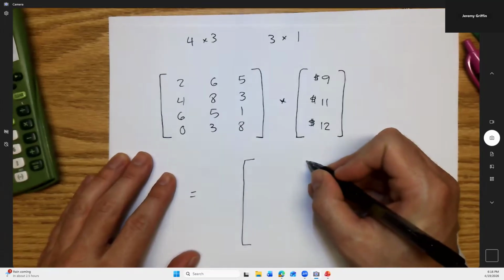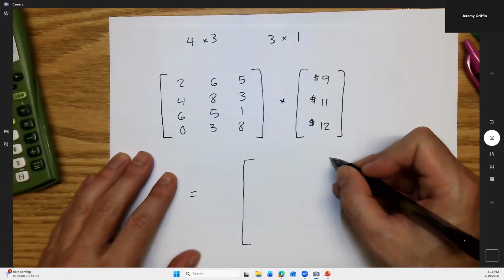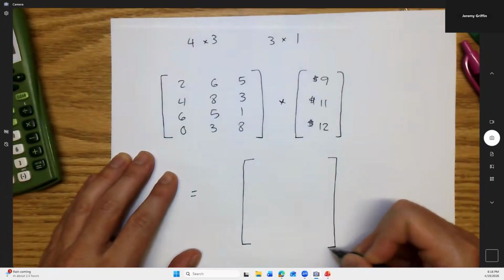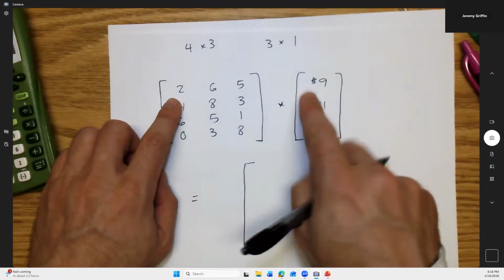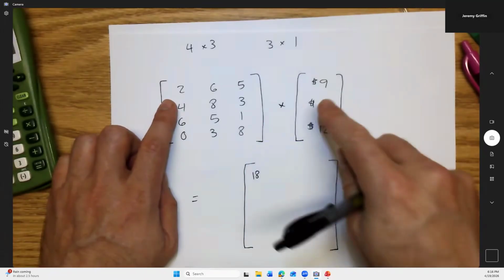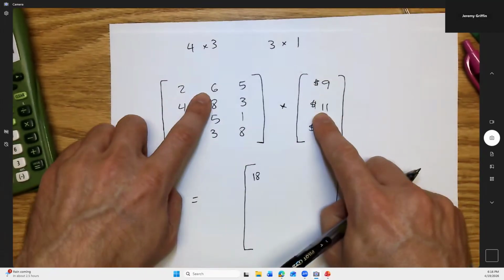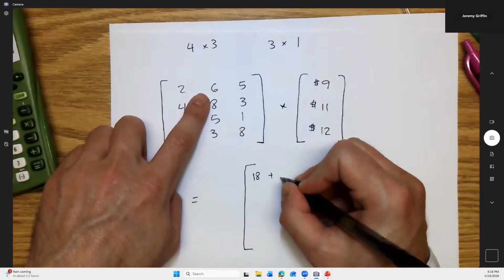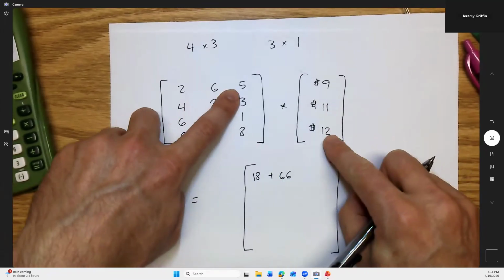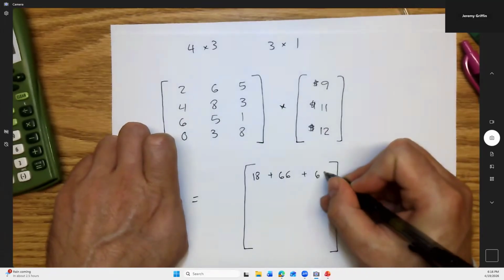Okay, so that's equal to, and I should be looking for a 4 by 1 matrix. So maybe something like this. Well, yeah, makes sense because I'm adding up a bunch of these. Okay, let's go 2 times 9, which is 18. These are all in dollars, I guess. 6 times 11, which is 66. And 5 times 12, 60.